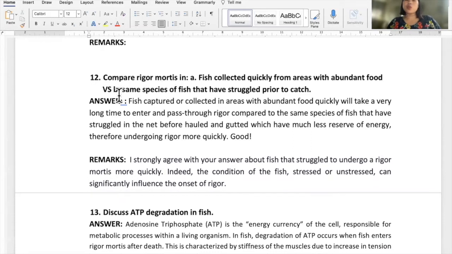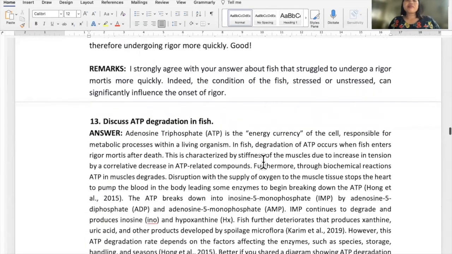Itong number 2, it has struggled, meaning exhausted siya, depleted, almost depleting na yung energy reserves niya, and gutom versus the one that's coming from an area with abundant food. So which one will go into rigor earlier? Itong species B.